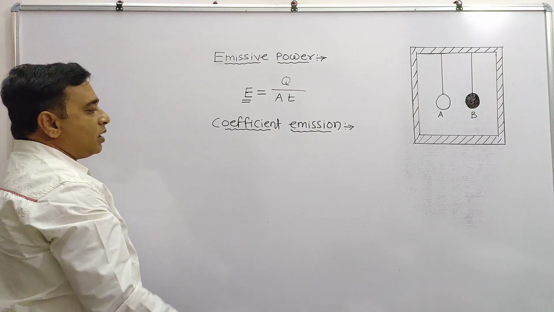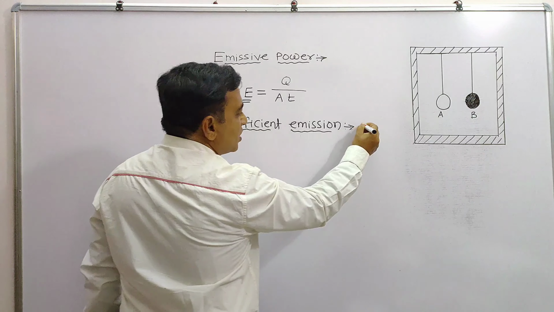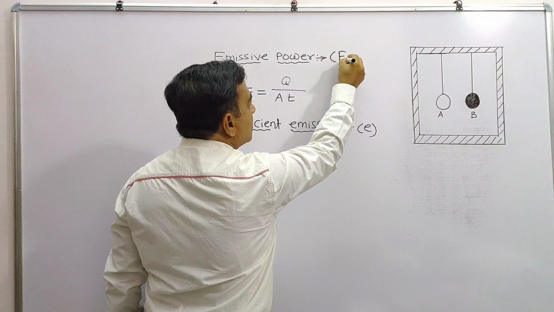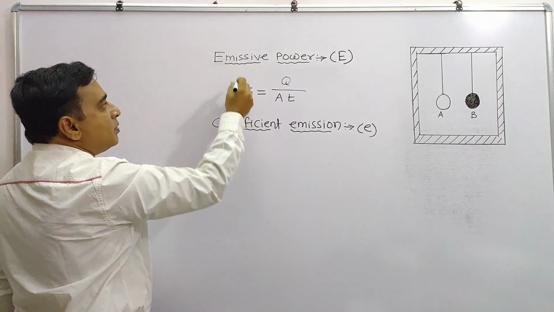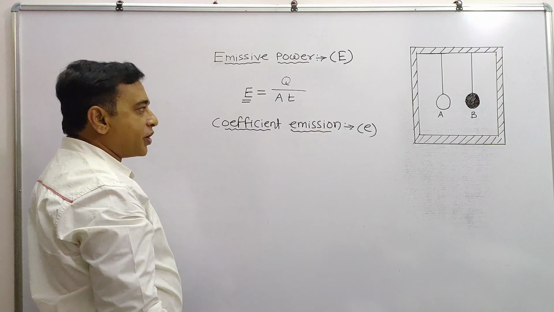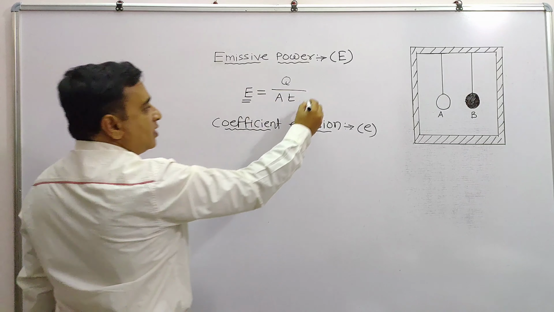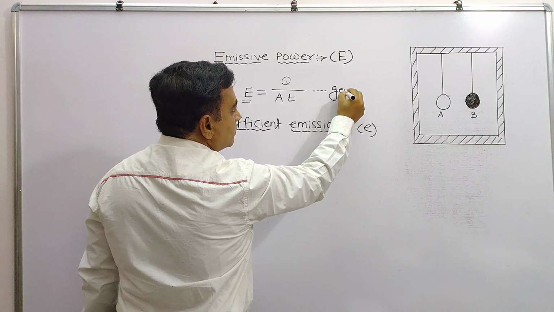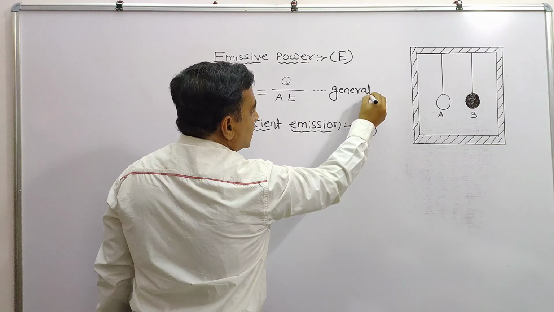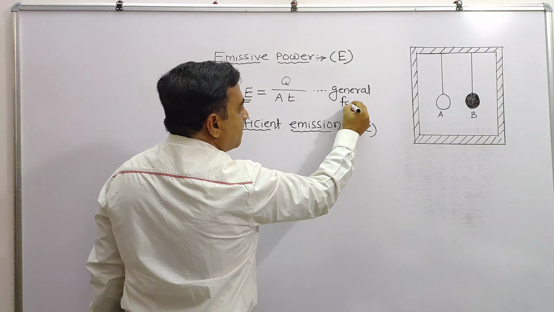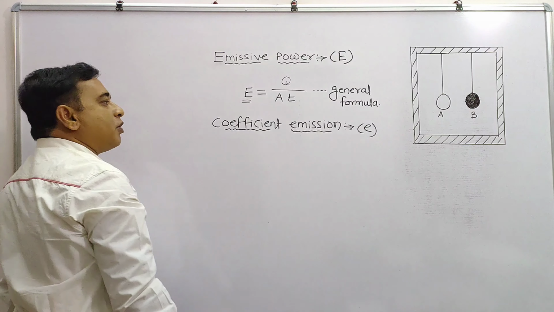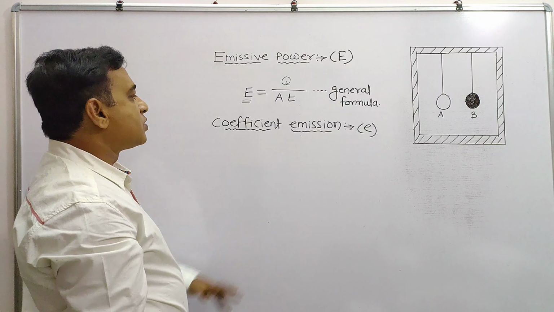Let the coefficient of emission be denoted by the symbol capital E. That means the emissive power of a body, this is for the general body. It is a general formula, maybe applicable for the black body also, but how, that we are going to know.